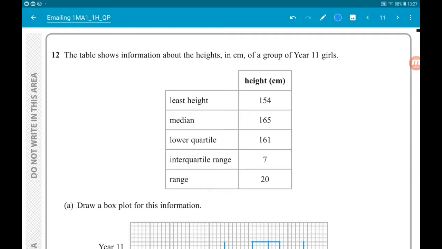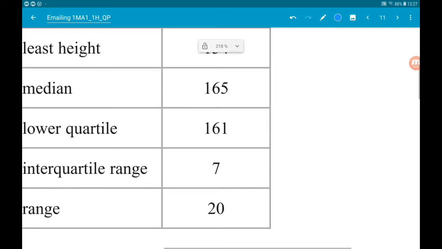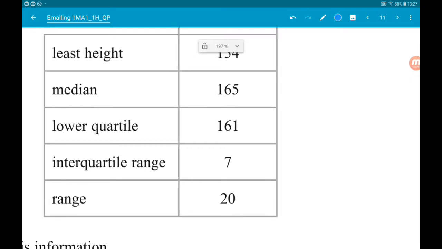So we need to work out two things from the table. The least height is the very left vertical line. The lower quartile is the left of the box. The median goes inside the box. What we need to work out is the upper quartile and the highest value.